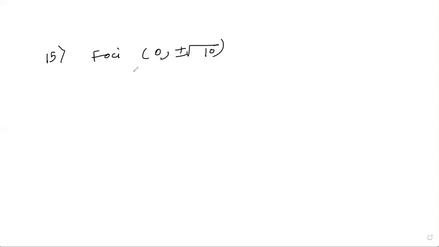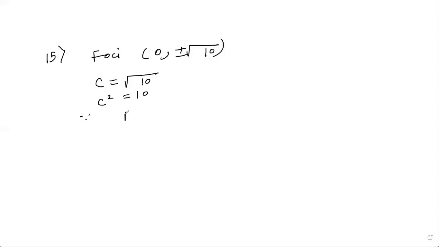Okay, no problem. So first of all, what we can say here is that if foci is given, that means c is square root of 10, right? And that means c square is going to be 10. One more thing we can say here, that the foci is on our y-axis, because by seeing the coordinate you can understand the x part is 0, it's obviously on the y-axis, right?